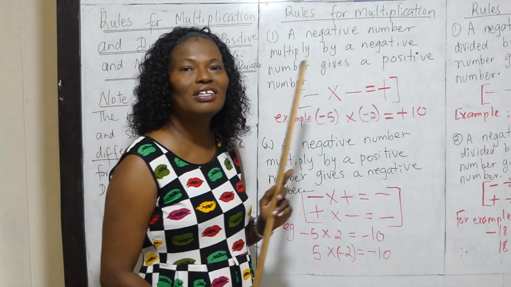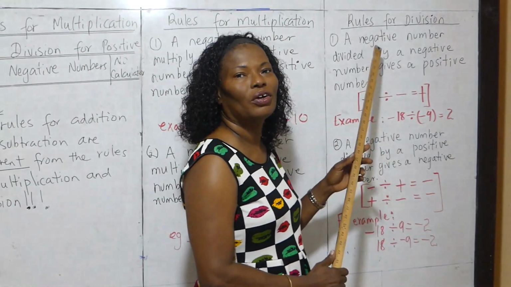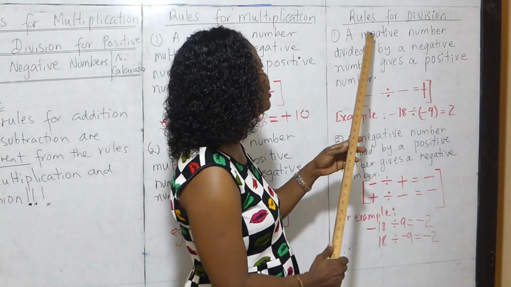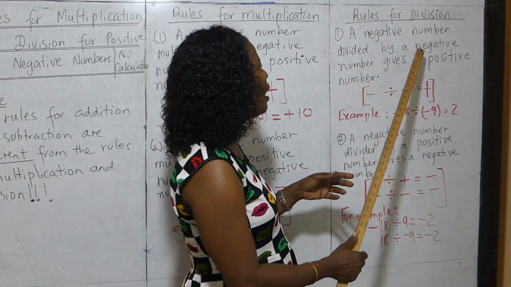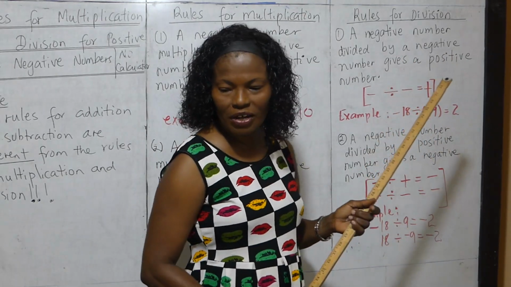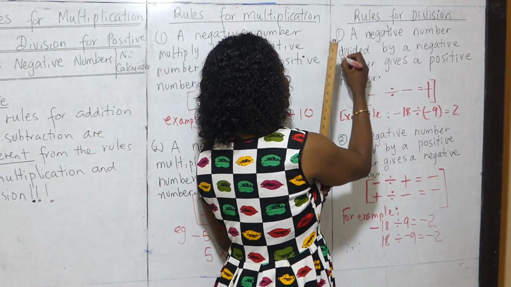Let's move on to division. So rules for division. A negative number divided by a negative number. So I'm going to underline negative so it shows out at you.